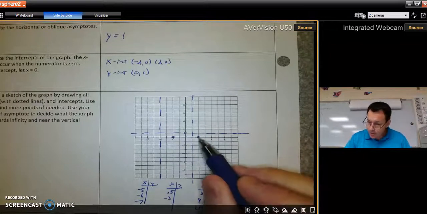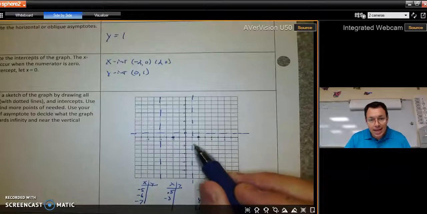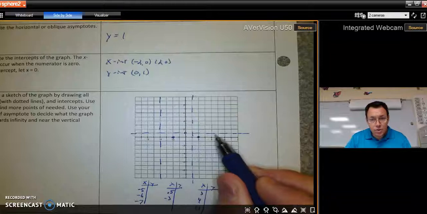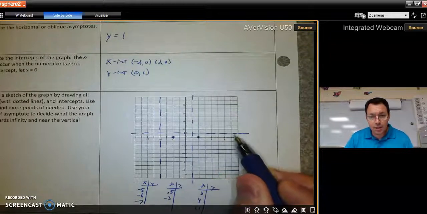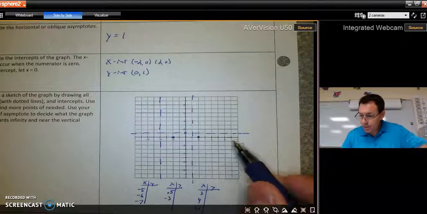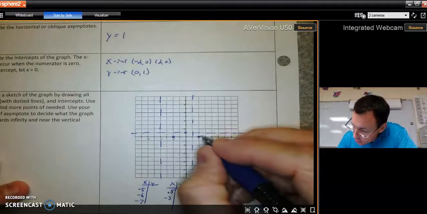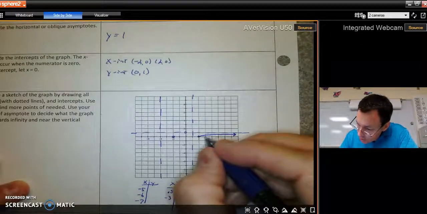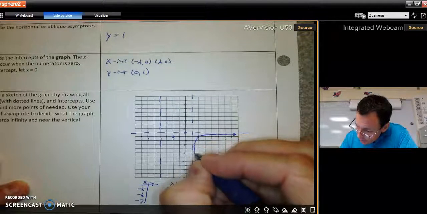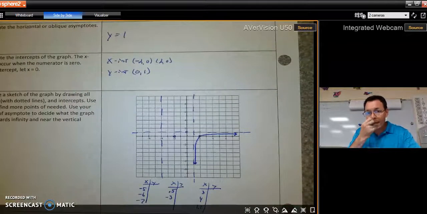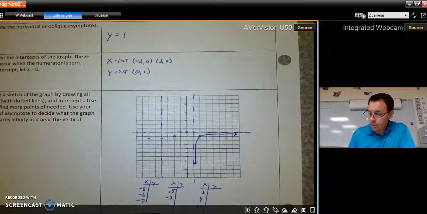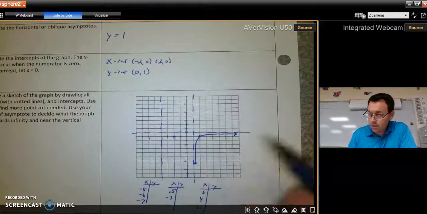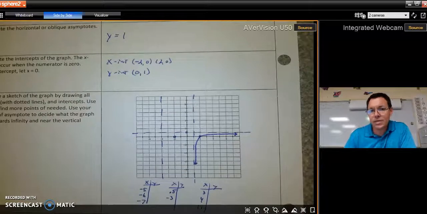The fact that my graph goes through this point and is not allowed to cross the vertical asymptote and follows the horizontal asymptote as my x values get bigger and bigger and bigger tells me what this graph's going to do. This graph is going to curl up and start to follow the horizontal asymptote. It's going to curl down and follow the vertical asymptote, and it's going to get trapped by those two dotted lines. So just that one point, but also knowing what happens at the asymptotes, that tells me kind of what the graph's going to look like.